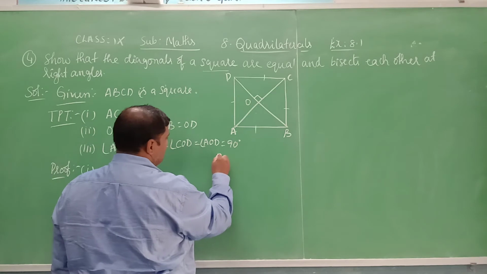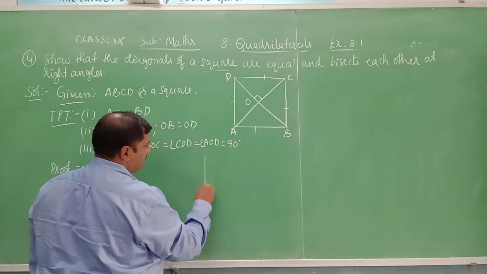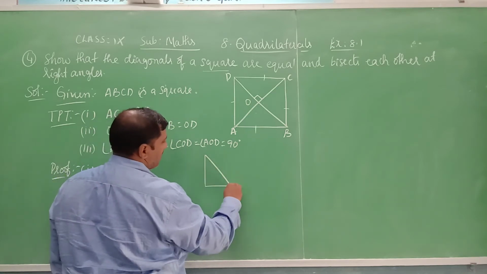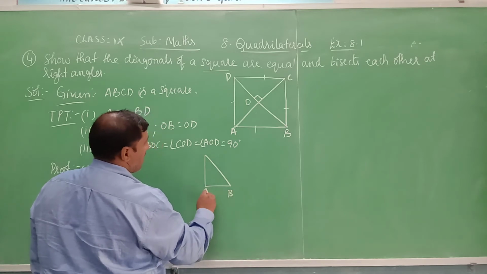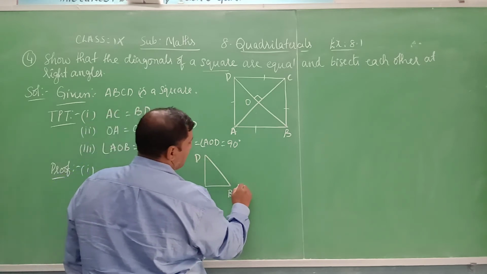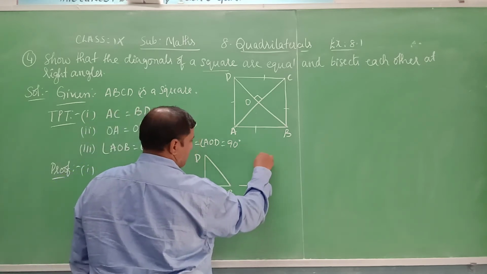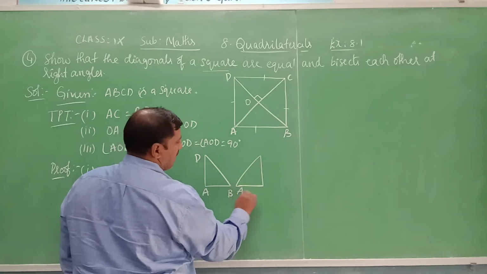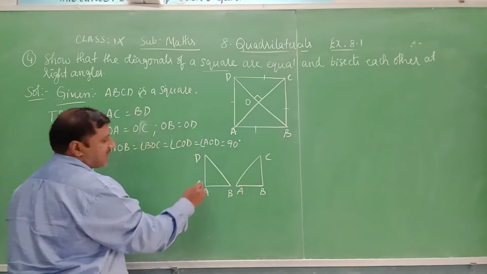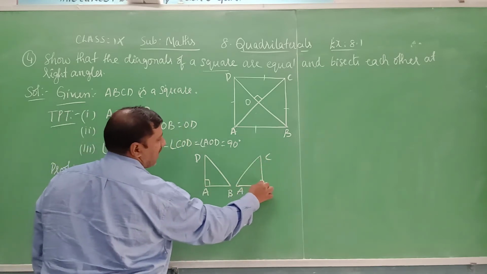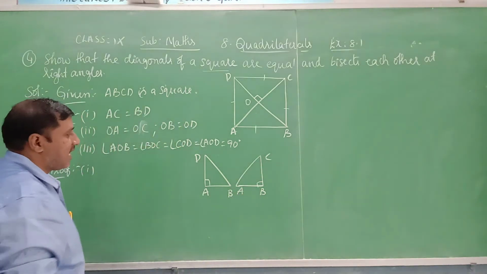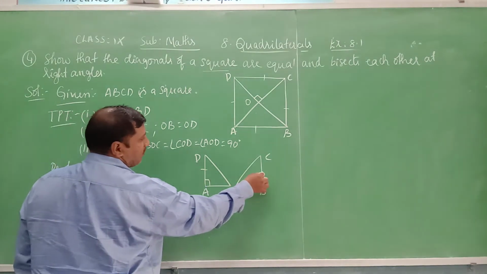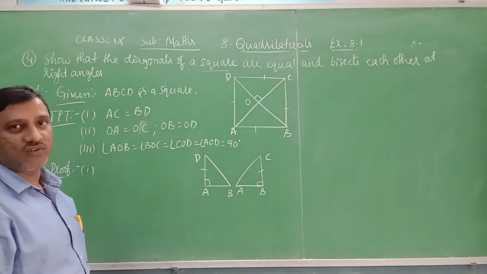Which two triangles? Yes, I am drawing here a rough diagram. Consider this triangle, it is B, A and D. The other triangle, yes, this is the other triangle ABC. So in this angle A is equal to angle B, each one is 90 degrees. And AD is equal to BC, the sides of this square are equal.